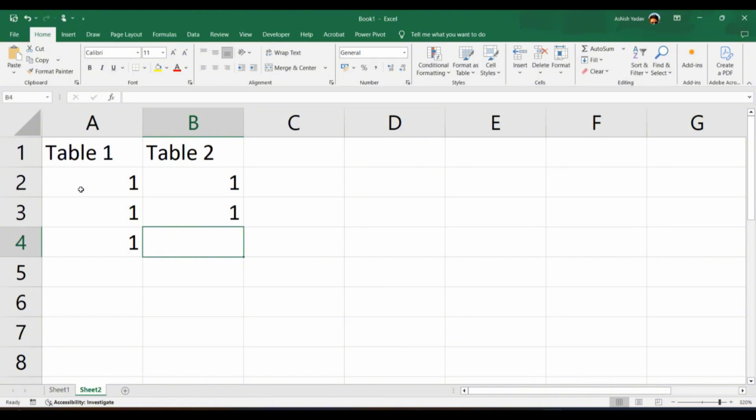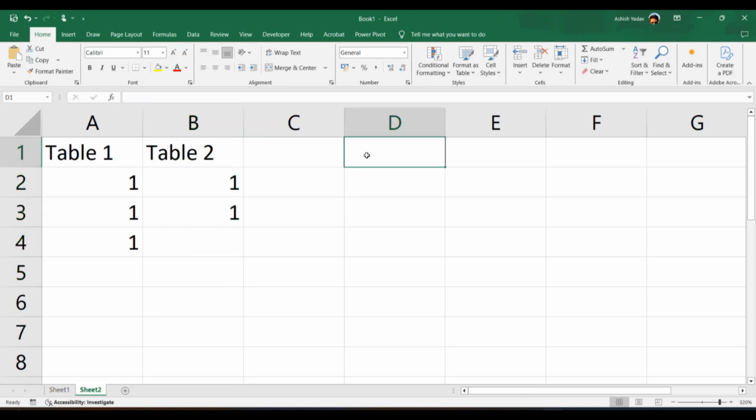Now if you want to join these two tables, I can say bring the information from table 1 to table 2, or bring the information from table 2 to your table 1. Be it any result, the resulting part will have 2 columns. But the way you bring it can be different.